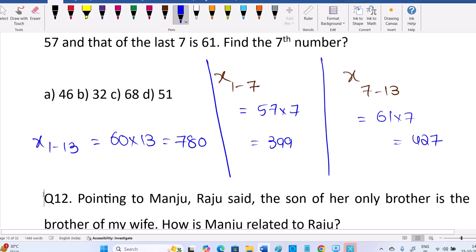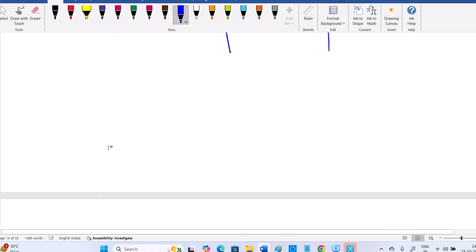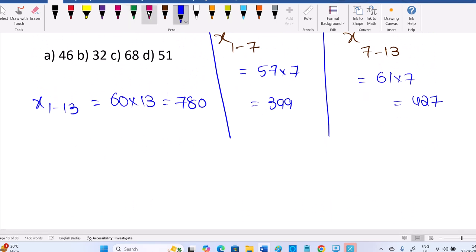If they ask about the seventh number, I can write x1 to 7 plus x7 to 13 is nothing but x1 to 13 plus x7. How? x1 to 7 means x1 plus x2 plus x3 up to x7, and x7 to 13 means 7, 8, 9 up to 13.